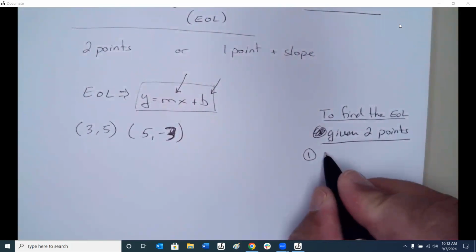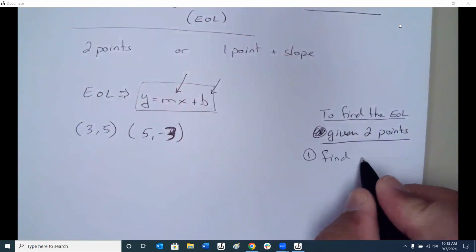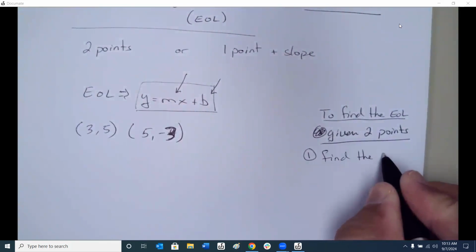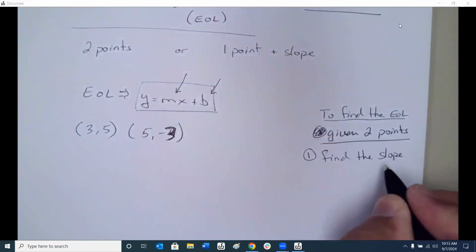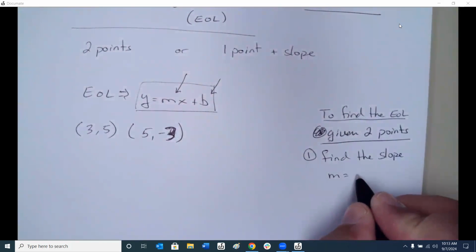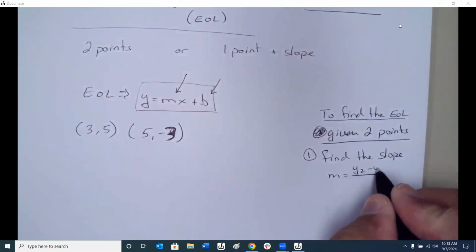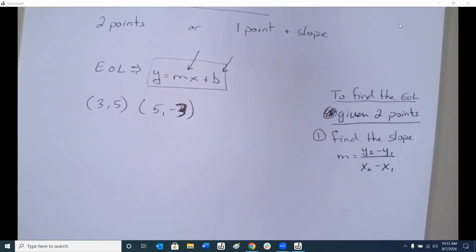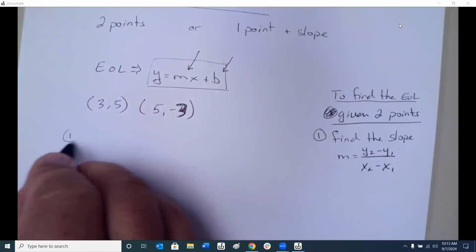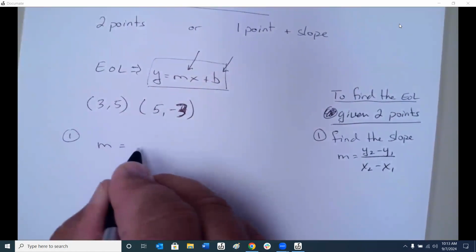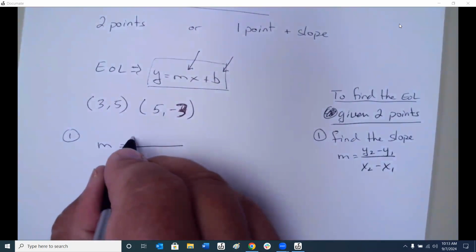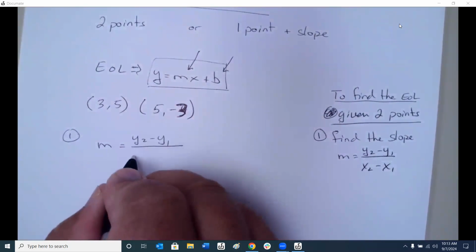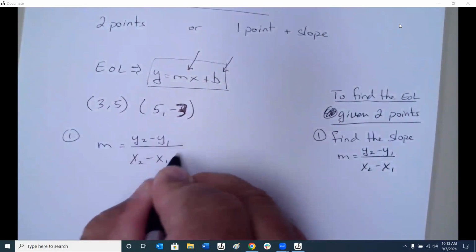So first, if I give you 2 points, find the slope using that formula. So step 1, y2 minus y1 over x2 minus x1.